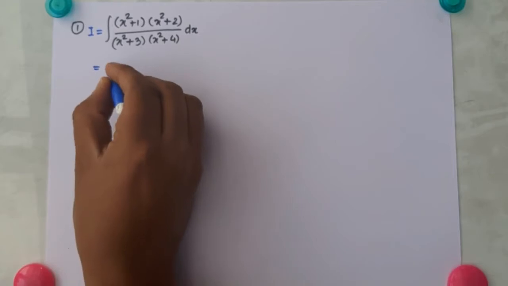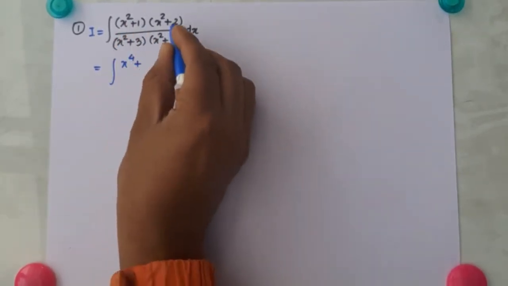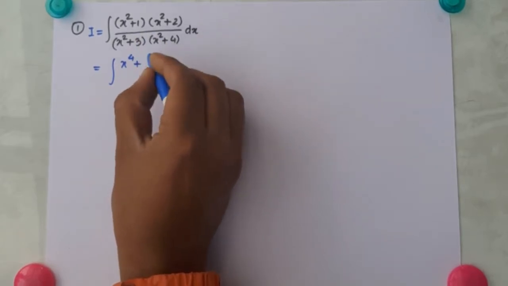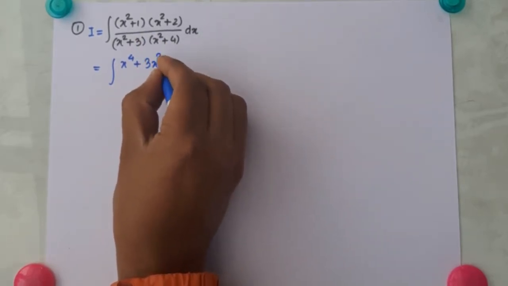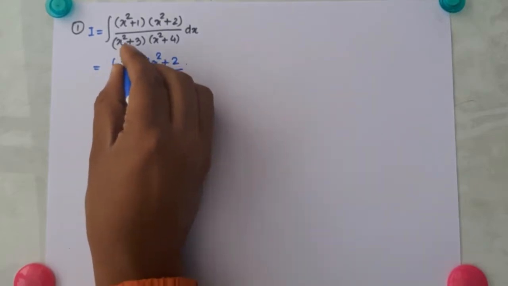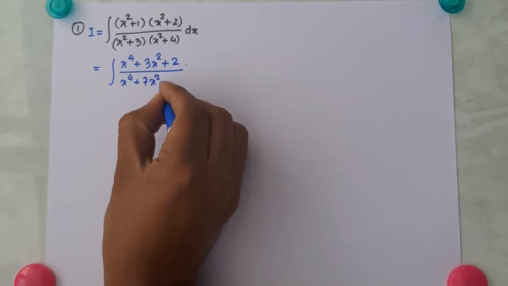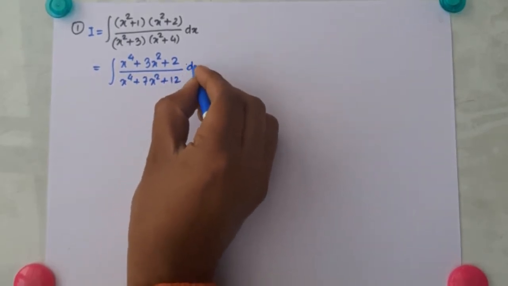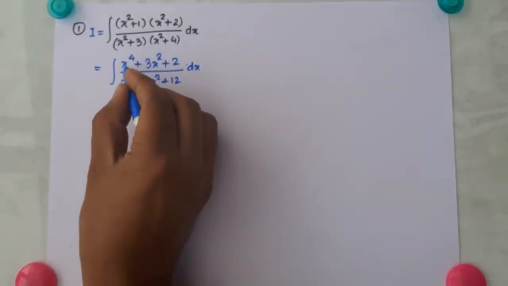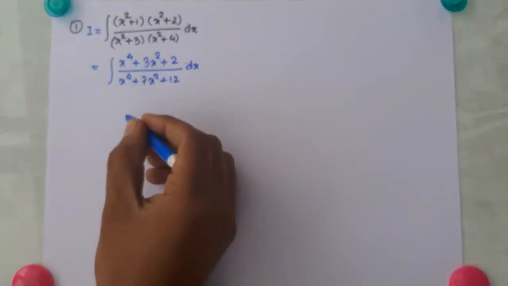We get x to the power 4 plus 3x square plus 2 in the numerator. Similarly, in the denominator, you get x to the power 4 plus 7x square plus 12 dx. So you clearly see that the degree of the numerator is 4 and the degree of the denominator is also 4.